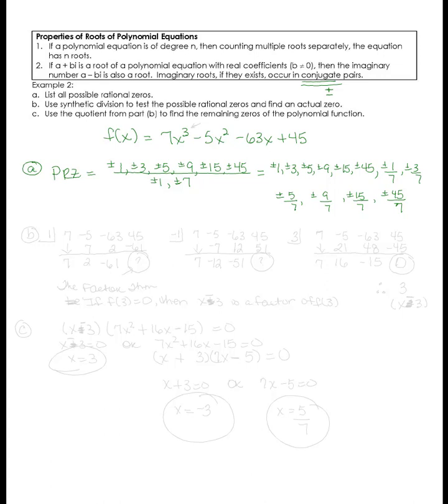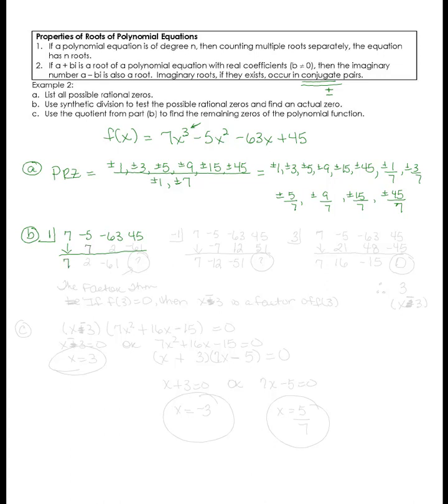Now, here again, our degree tells us how many actual zeros we have. So to find the actual zeros, we're going to use synthetic division, beginning with 1. Our coefficients are 7, -5, -63, and 45. Bring down the 7. 7 times 1 is 7.